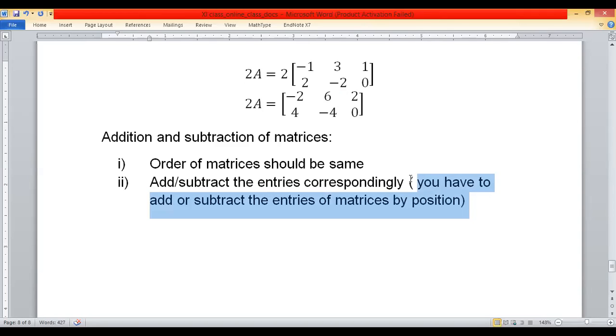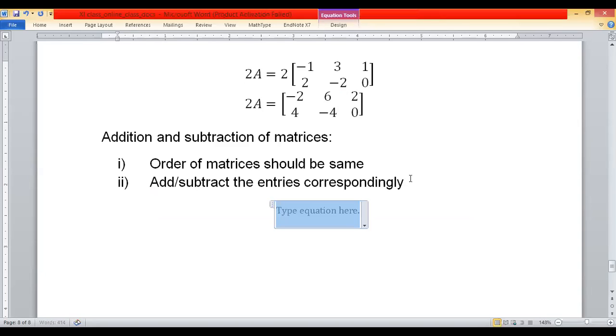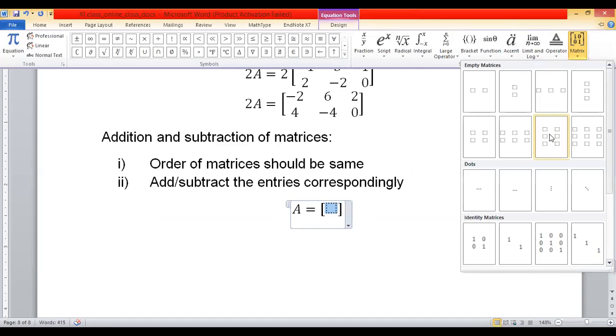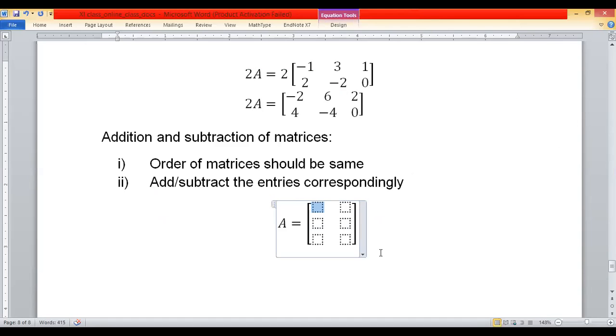सो लेट्स से आपके पास अगर एग्जांपल है, मेरे पास एक मैट्रिक्स है A, and let's say the A matrix is 3 by 2. I write down minus 1 here, 0, 2, -3, and 4 here. Let's say 2, -2 here.